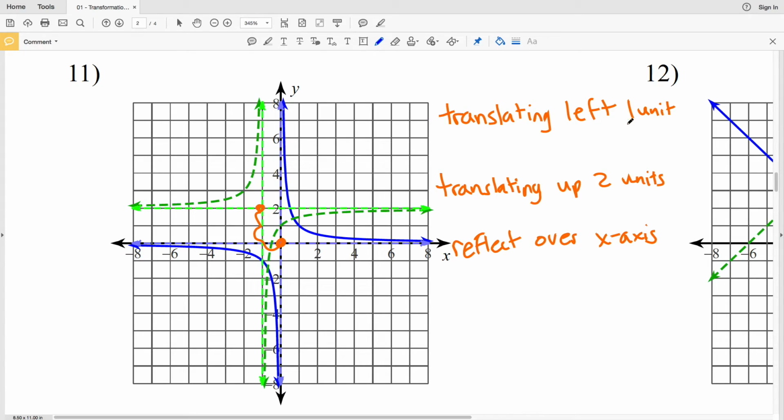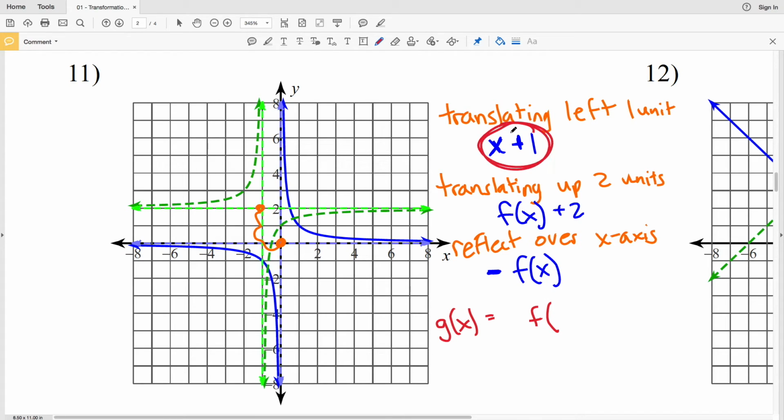Now, translating 1 unit to the left, we'll be taking that variable x and adding 1. Translating 2 units up, we'll be taking the function and adding 2. Reflecting over the x-axis, we'll be taking the opposite, or multiplying the function by -1. So now when we write g of x, it's now the function of x plus 1, but we need to take the opposite of that function, and we're going to add 2.